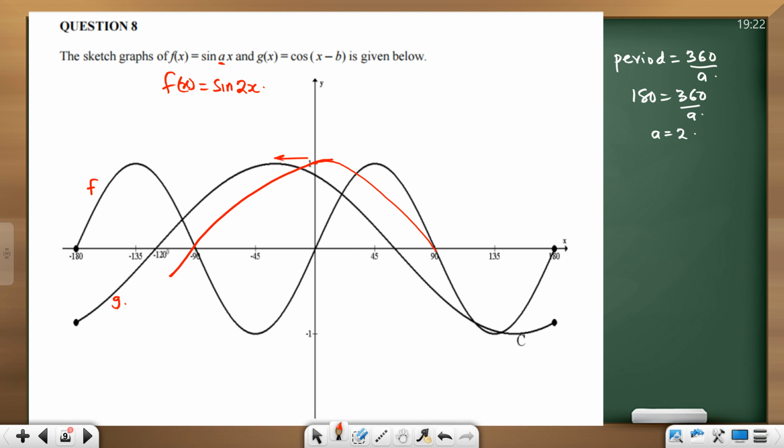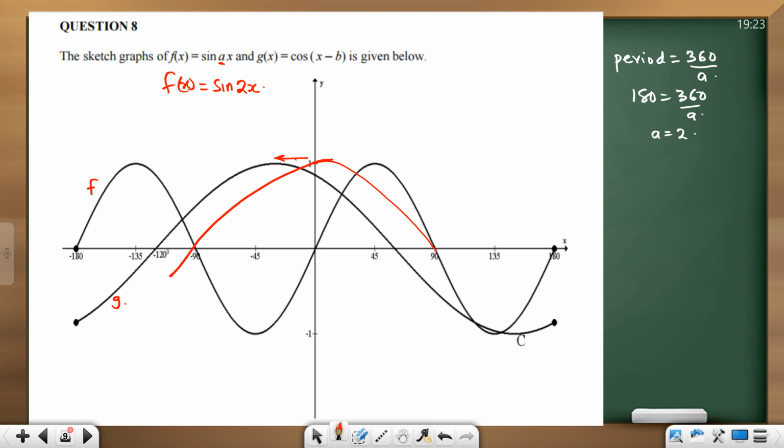But this graph has gone backwards. It has gone to the left. If it's shifting to the left, what should that be? Positive or negative? It's positive. Okay. But the issue now is we do not know the number of shifts that is there.